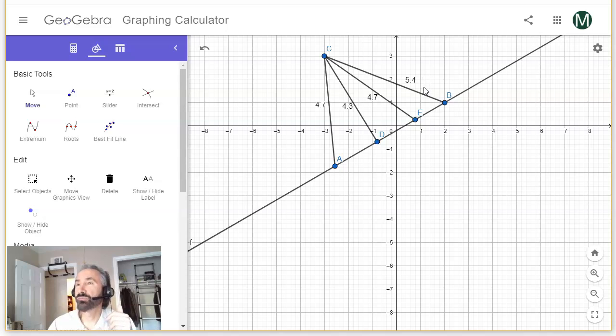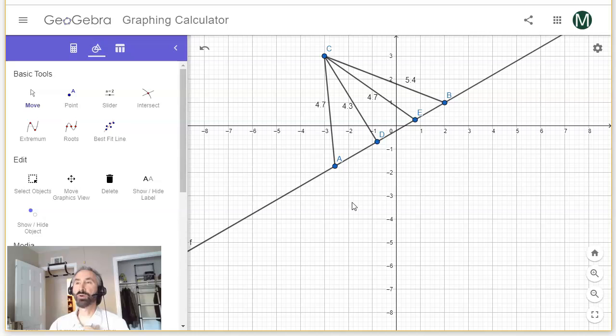So if you had to make a guess as to what the distance was from this line to this point, would it be one of these numbers or something else? Hit pause, study it for a minute, and think to yourself which one of these numbers would be the best answer for the distance between line AB and point C. Or are none of them correct, and would you prefer to choose something else?